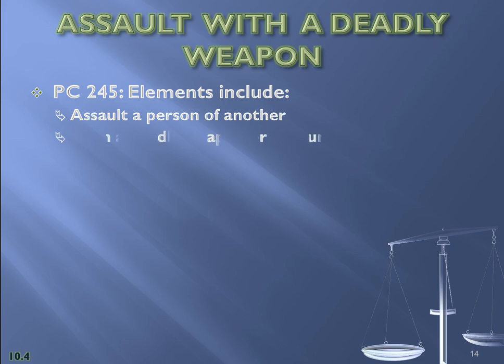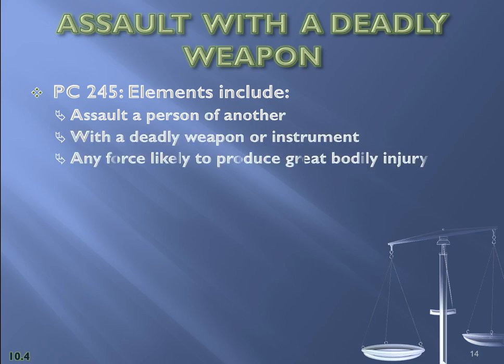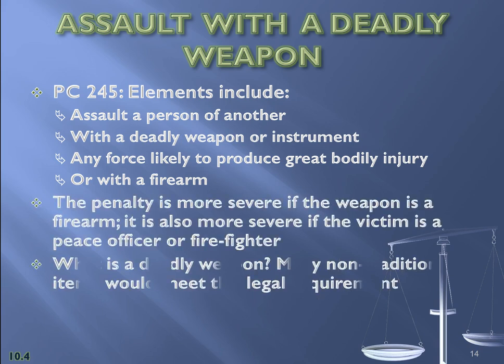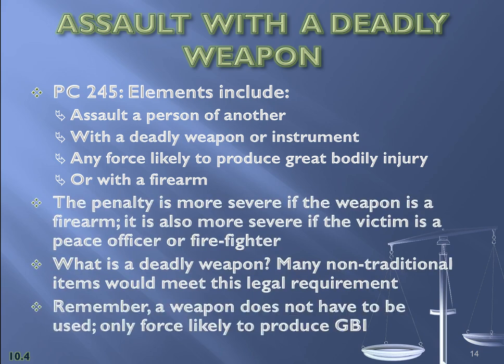So we've looked at different types of assault sections, and now we're gonna move into the higher level assault section, assault with a deadly weapon. You can find it in our Penal Code section 245. Every person who commits an assault upon another person with a firearm or other deadly weapon, now look at the words, or instrument, or by any means of force likely to produce great bodily injury.